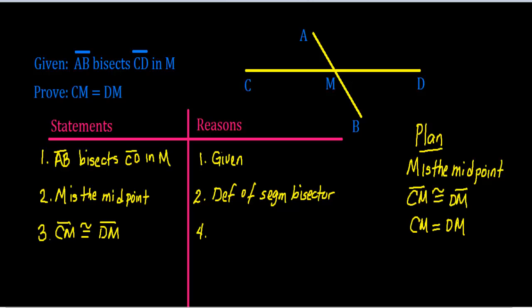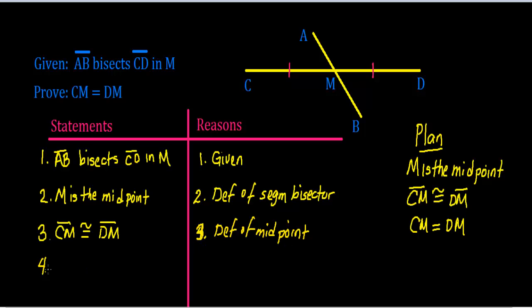So I know that CM is congruent to DM according to the definition of midpoint. So I'm going to write that definition of midpoint as my valid reason for stating that these two segments are congruent. Whoops, and I wrote 4 here. This should be 3.